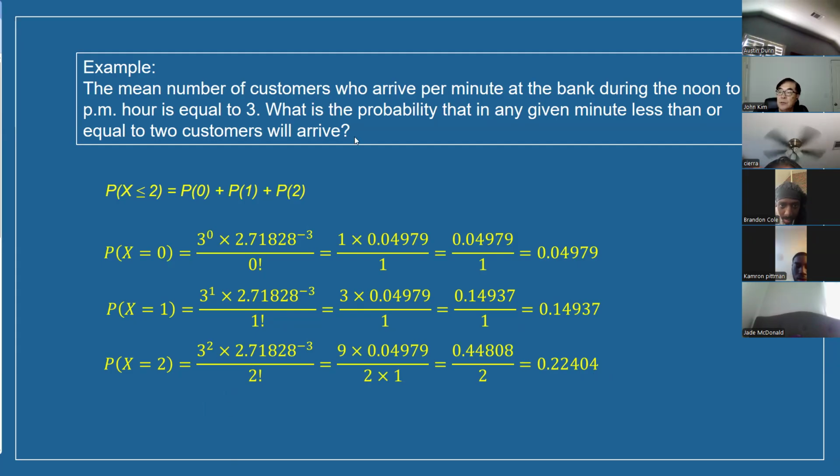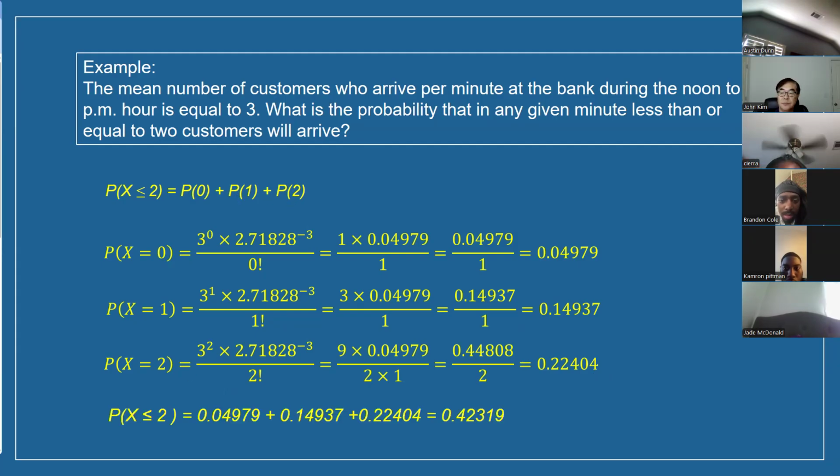So less than or equal to 2 is P(0) plus P(1) plus P(2), and then it is 0.4291319, so it is 42.319%.